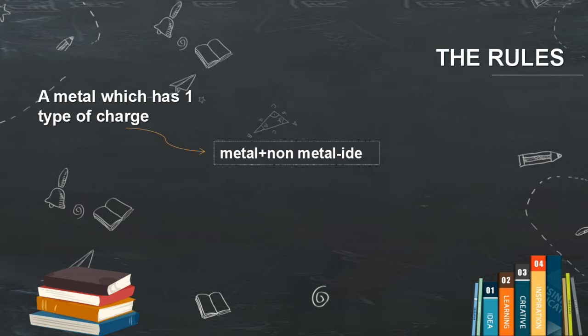For example, sodium chloride. Sodium is our metal, with a 1 plus charge, and chlorine is our nonmetal, with a 1 minus charge, so it's already balanced, then neutral.